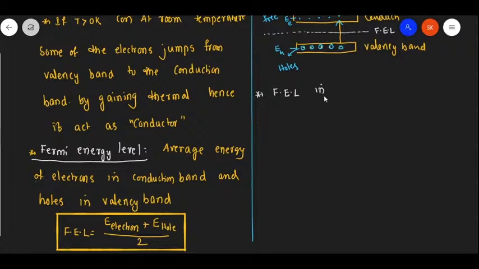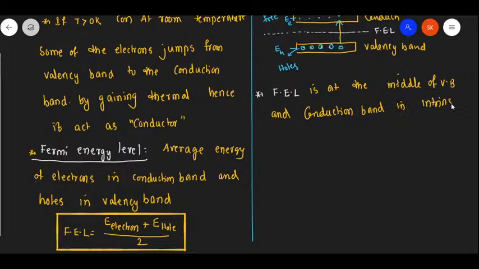The Fermi energy level is at the midpoint, at the center of the valency band and conduction band. This is in an intrinsic semiconductor. Till now we are discussing intrinsic semiconductors only.